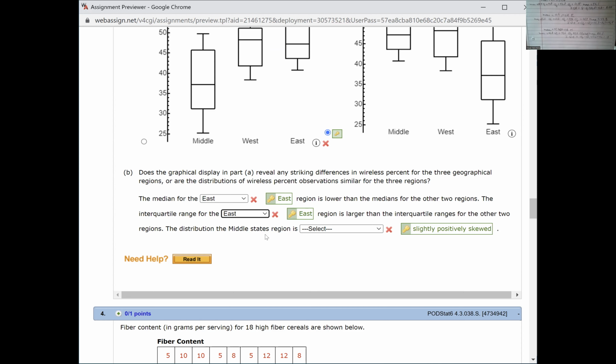So we would say that it is slightly positively skewed, because the mean is greater than the median, okay? Slightly positively skewed. Okay, so that's the problem. And we just used our software to get the values, and then we just compared them.